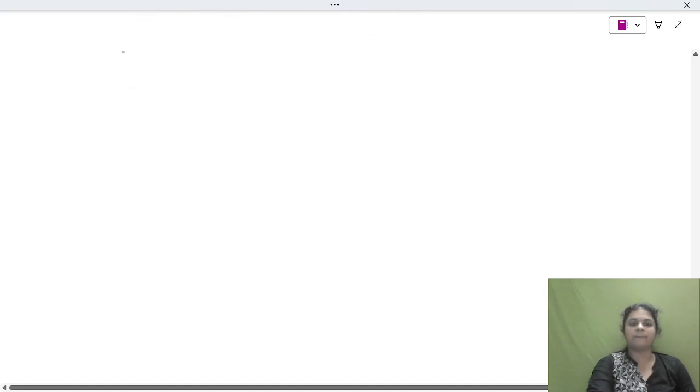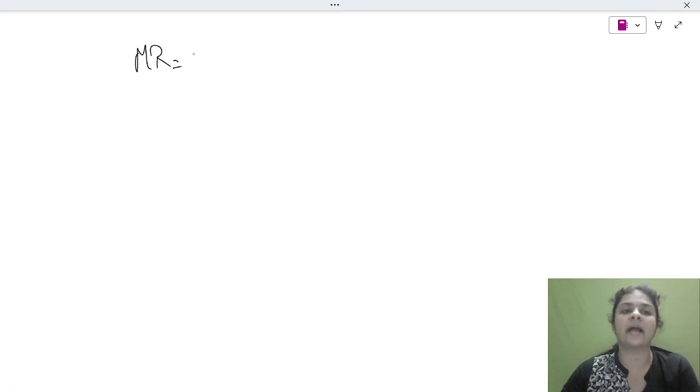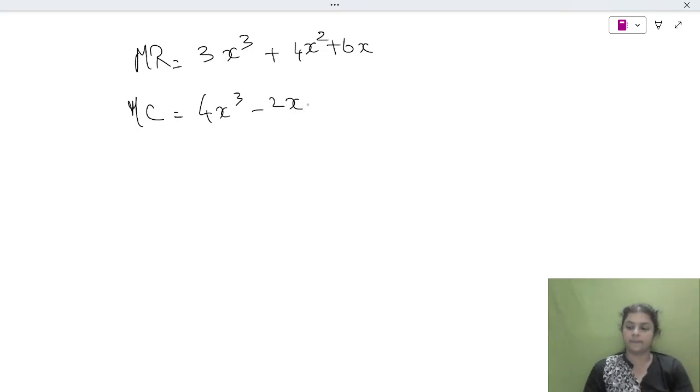Let me give you an example. I understand what you are referring to. Suppose after differentiating, if you are getting an equation like this for MR, and MC you are getting as this. In the same question you gave, with just one variable added like plus 4, it is like that. When we differentiate it, it comes out easy, but when it is given in the question, it doesn't come out correctly.